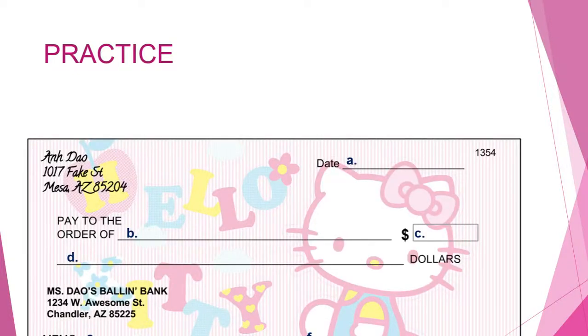Alright, so here goes another one. I want you to pay attention. We're going to do this kind of together. You're listening to it, but I want you to think of the answer before you listen to me. So this first one is a signature. So because it is a signature, it should go where the letter F is. The next one is the name. So that is going to go where the letter B is.